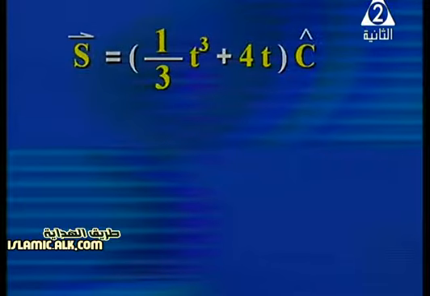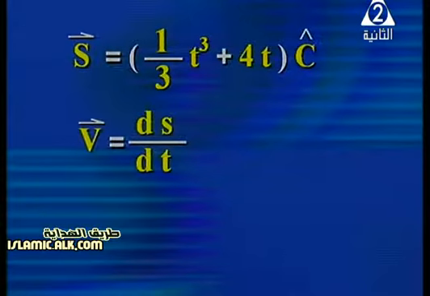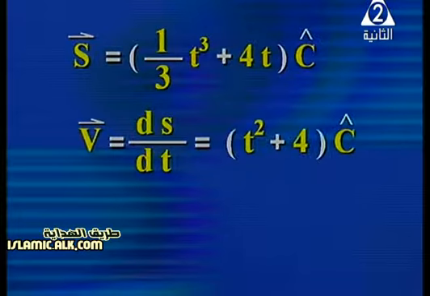ds over dt equals v, or velocity. We find the velocity by using the derivative, then the v vector becomes (t squared plus 4) in vector c.